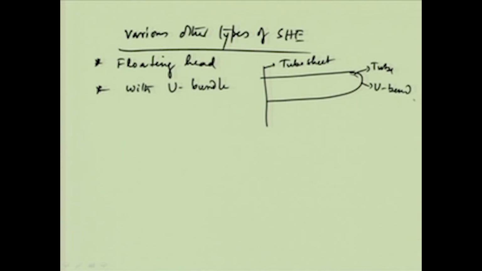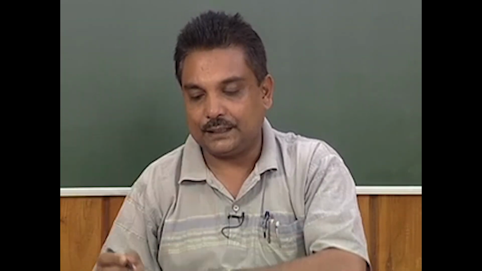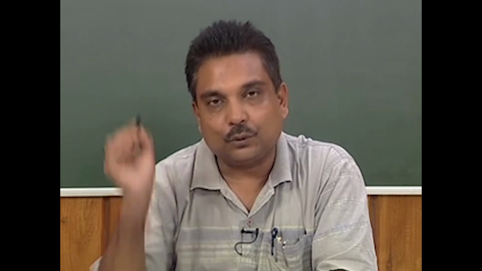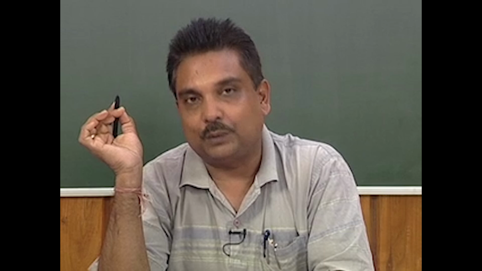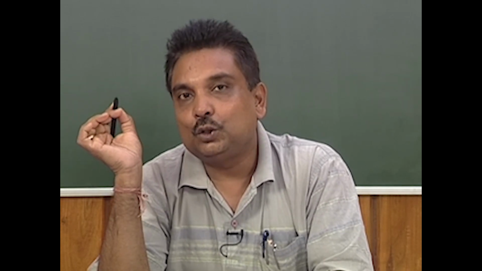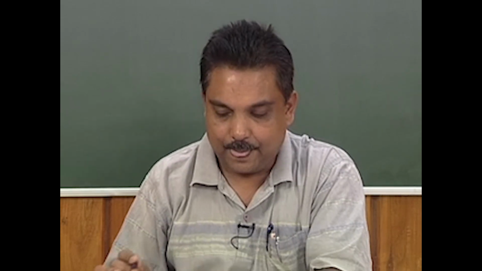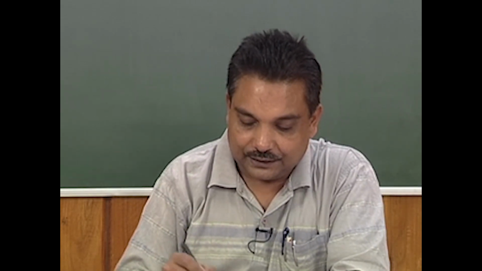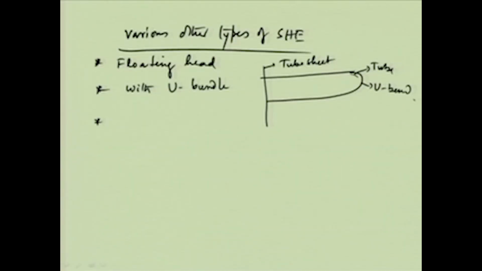So this kind of heat exchanger is also there, where the bend side is a floating kind of thing. So it will always be a two tube pass for this kind of heat exchanger.